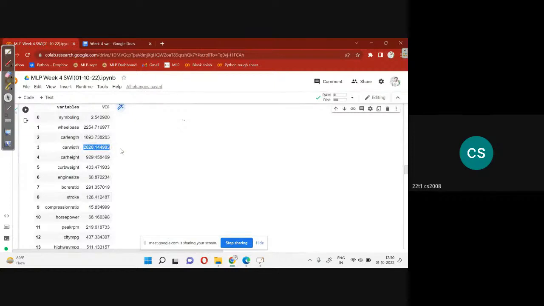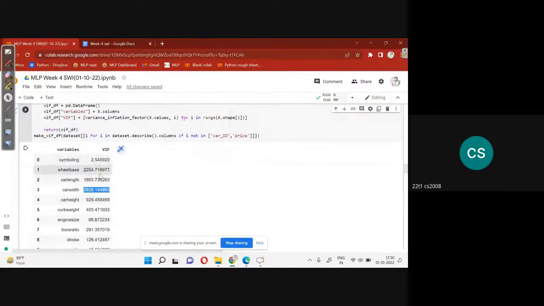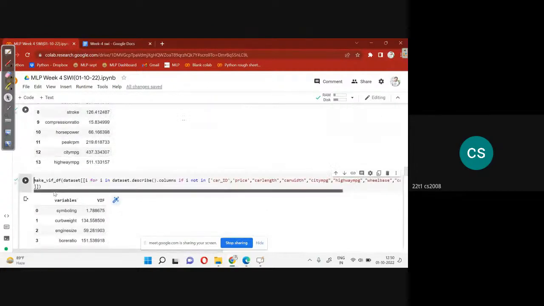So again we have to write code, I mean again we have to print this table by removing this car width column. To do that, we just use this code, which makes the VIF data frame.